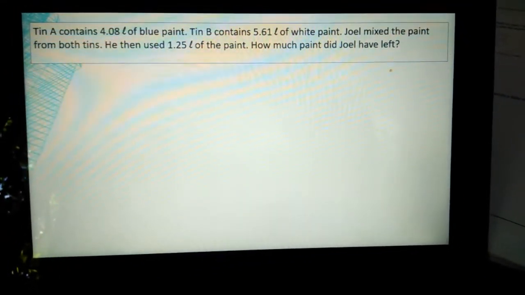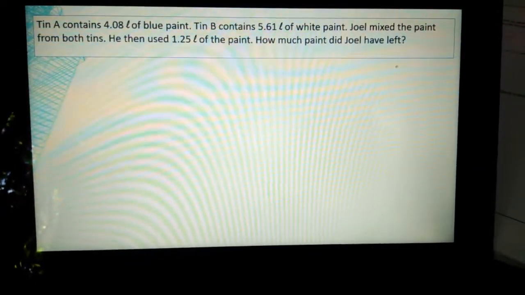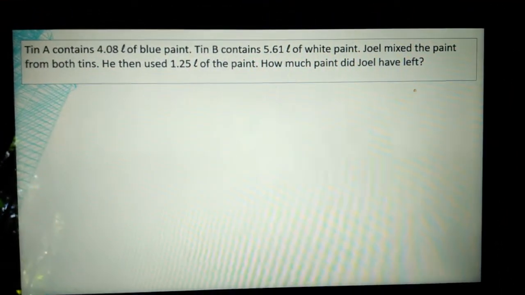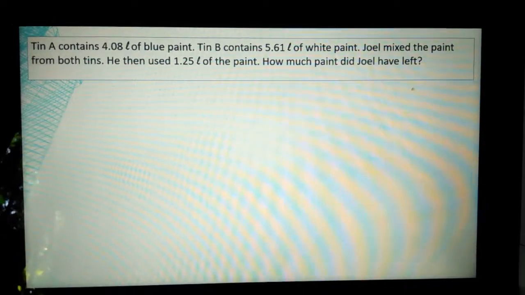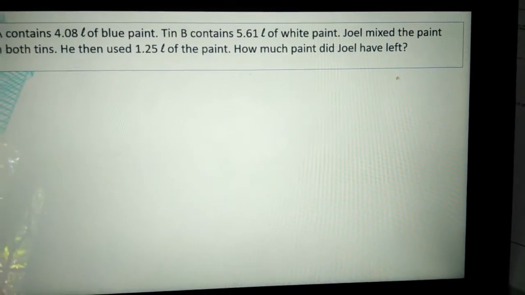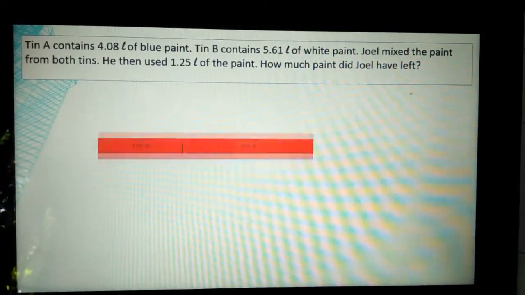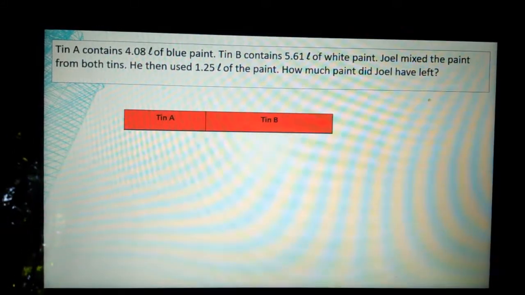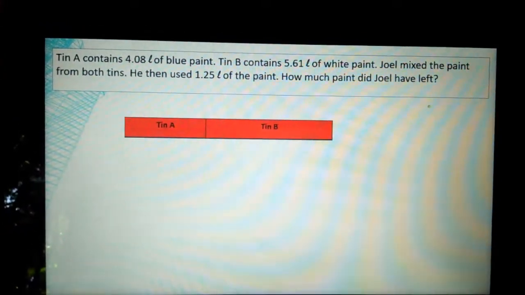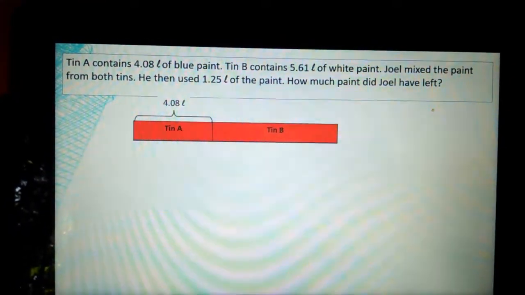The second step is, how do you solve it? We need to draw the model. What kind of model should you draw? This is the model. There are two tins, tin A and tin B. Tin A contains 4.08 liters.